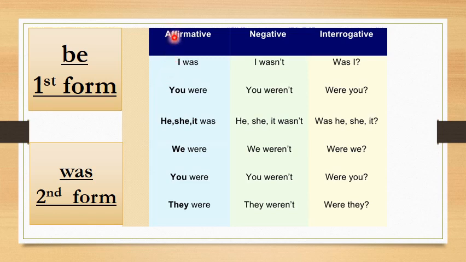So in the affirmative, we have written here I was, negative, I wasn't, interrogative, was I; you were, you weren't, were you; he, she, it was, he, she, it wasn't, was he, she, it; we were, we weren't, were we; you were, you weren't, were you; they were, they weren't, were they.